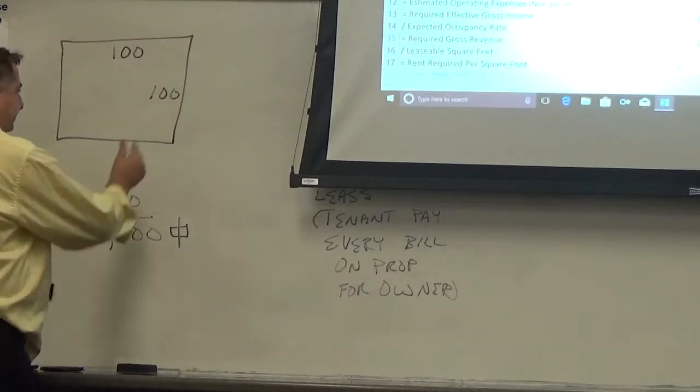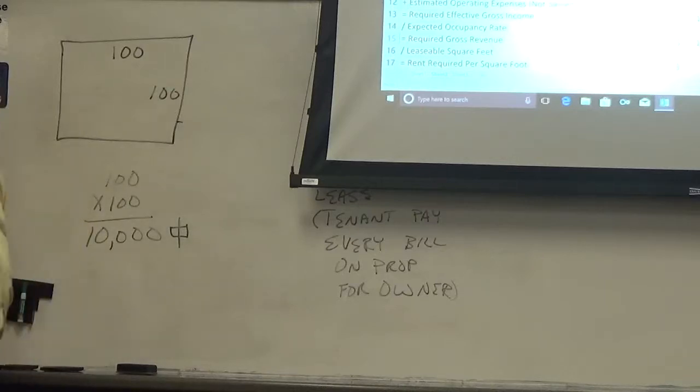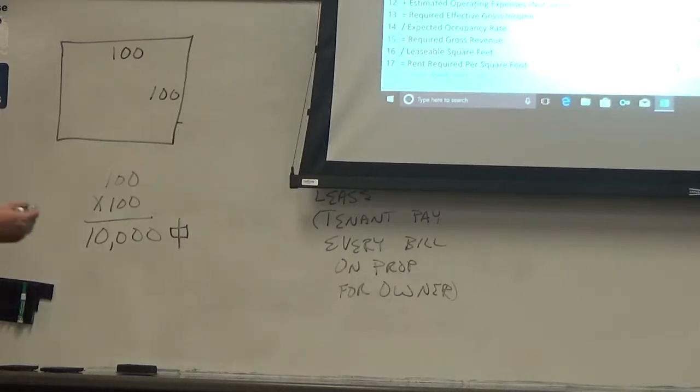Now, we're going to do a couple of different little things. One is that the gross building area might be a little bit more than that because walls aren't necessarily paper thin. Take, for example, these walls. If we go from this part all the way out to the exterior cladding on the outside of the building, it's at least 1 foot thick. That's not going to make a huge difference with this particular building, but for some buildings it would.